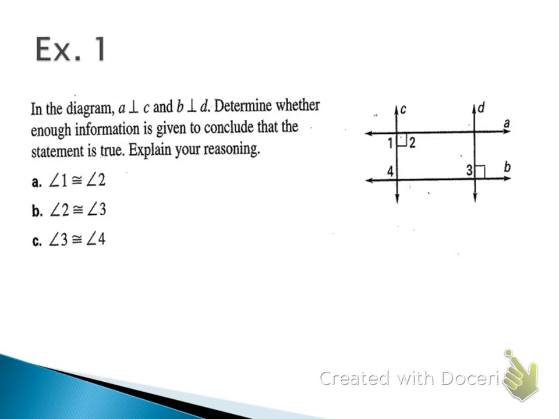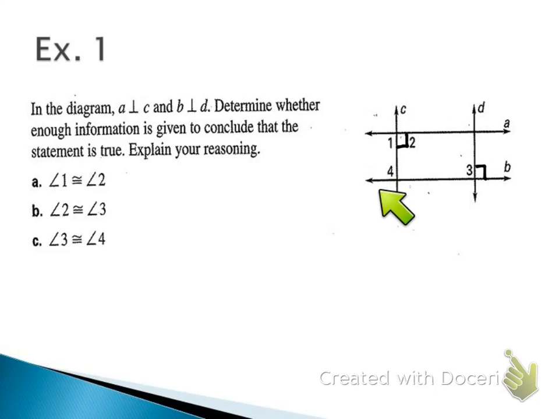So I want you to draw the diagram that you see. Make sure that you label which are perpendicular. So I know that A and C are perpendicular. And I know that B and D are perpendicular. I do not know anything about what's going on over here or what's going on over here.